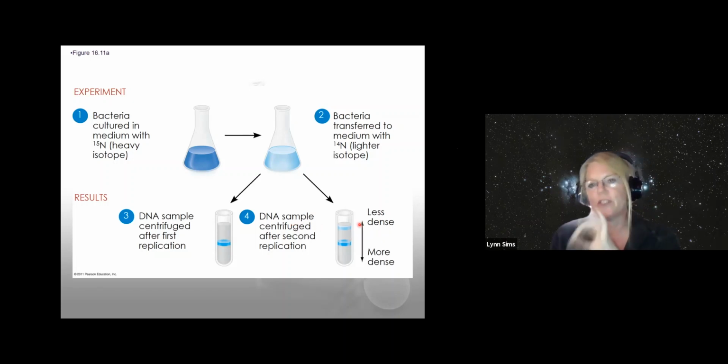All right, so this is basically the results that you would expect, right? So the less dense ones, or the lighter isotopes or molecules, are going to be closer to the top of the tube, and the more dense or the heavier ones are going to be closer to the bottom of the tube.